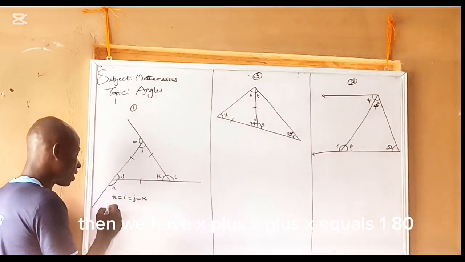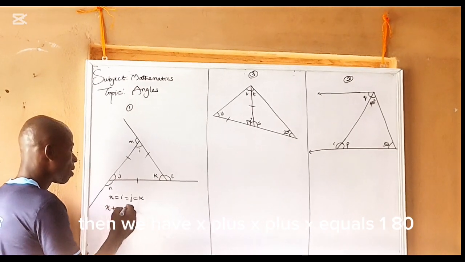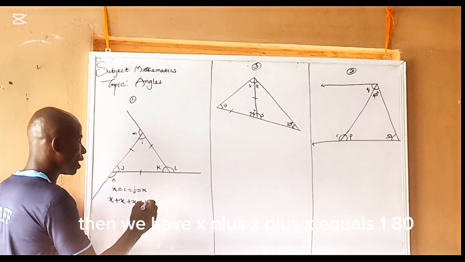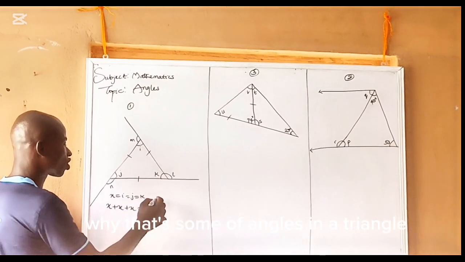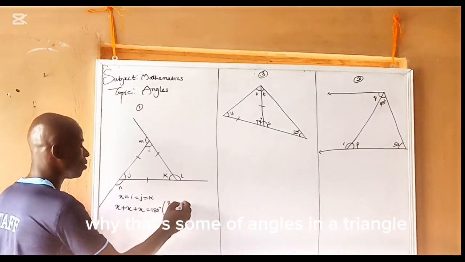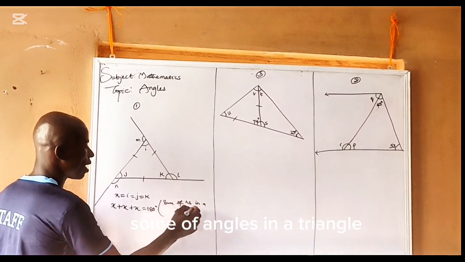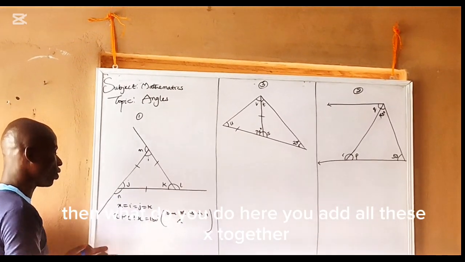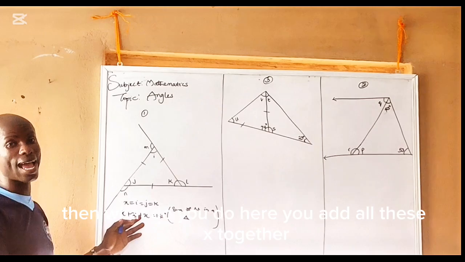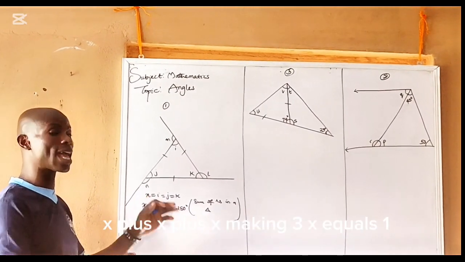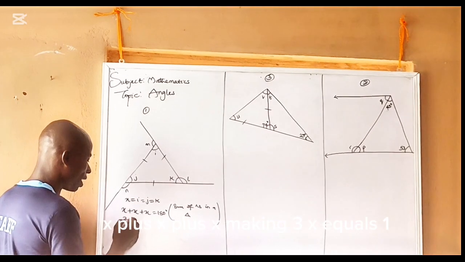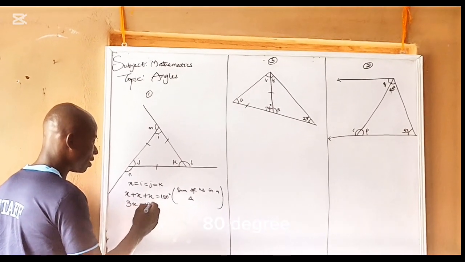Then we have X plus X plus X equals 180. Why? That's the sum of angles in a triangle. Then you add all these X together: X plus X plus X makes 3X equals 180 degrees.